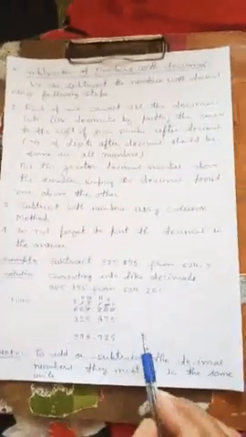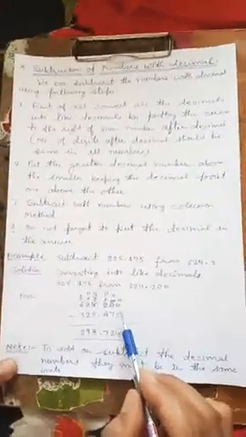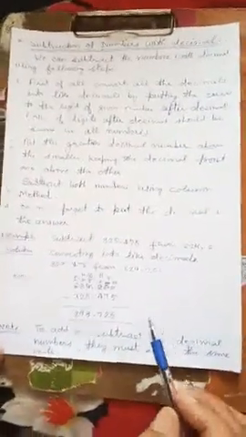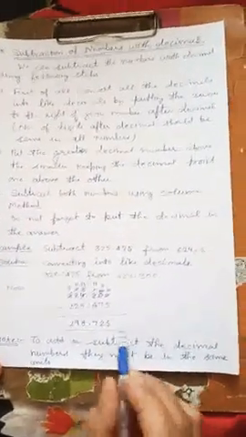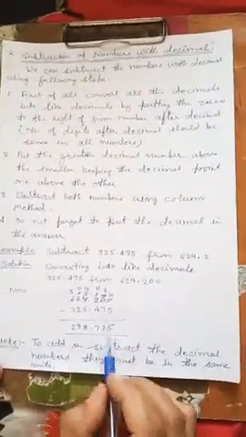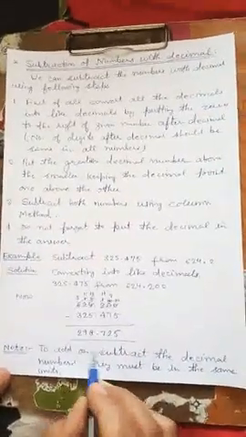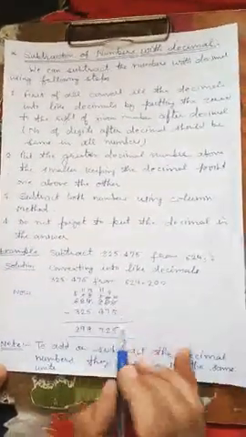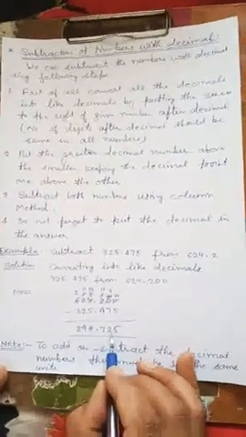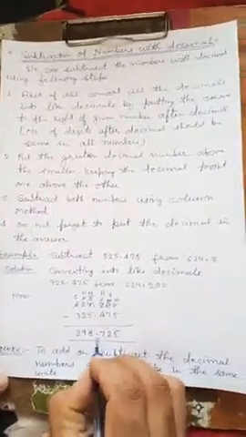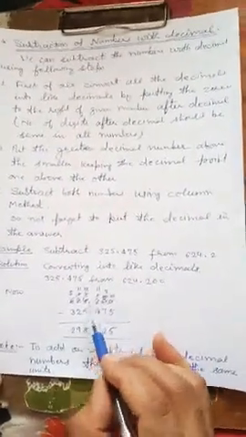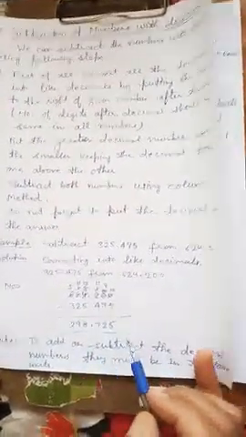Then we will subtract starting from the rightmost digit. Applying the process of subtraction as we know, we get the answer as 298.725. So we have to put the decimal below the above two decimals.